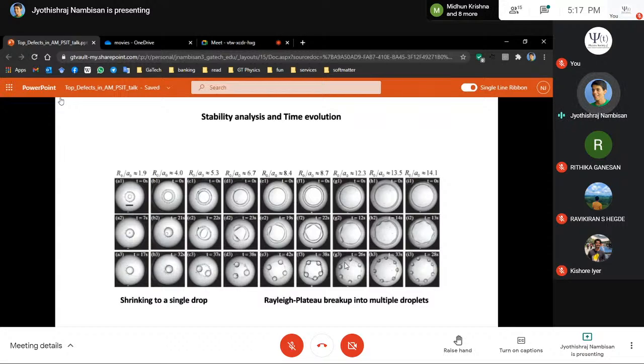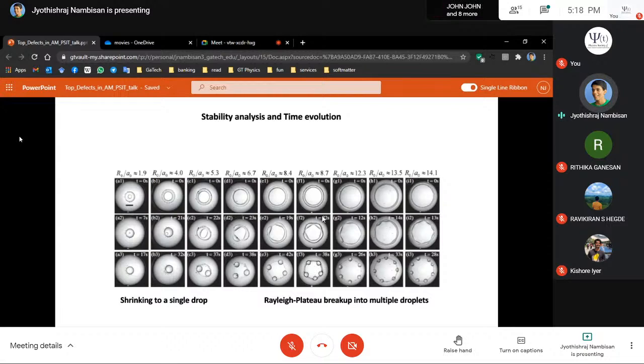And this should remind you of Bohr's model of the atom, right? Depending upon the wavelengths you can accommodate in this 2 pi ring, it quantizes and breaks up into a number of droplets based on how many wavelengths it can accommodate.